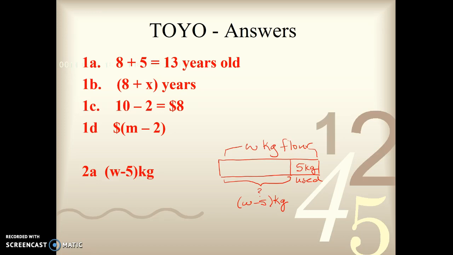So now we say 8 minus 5, and we can all do this pretty easily. So 8 minus 5 is 3 kilograms left. So what we just did right there was we substituted a value in for W. And we're going to get into that more in the future, not so much today.